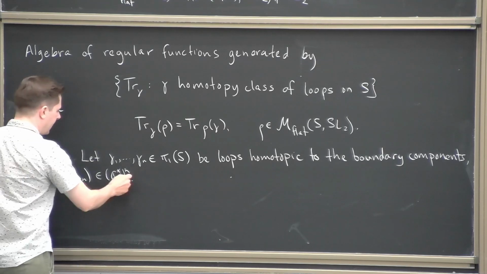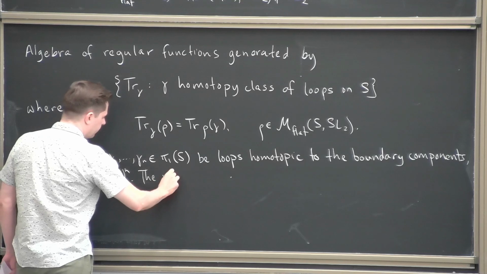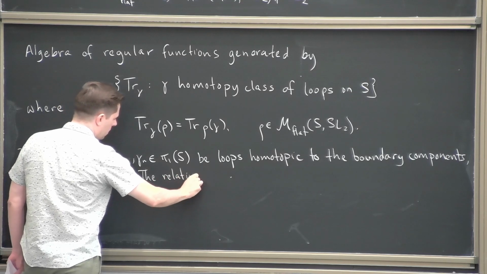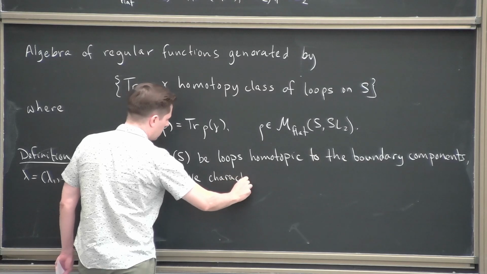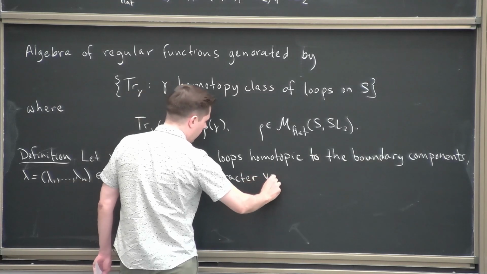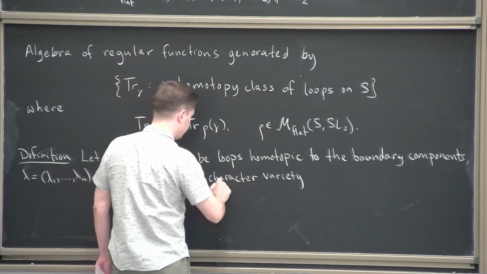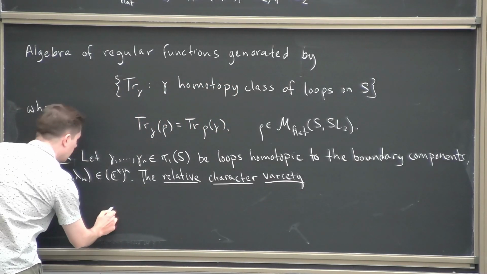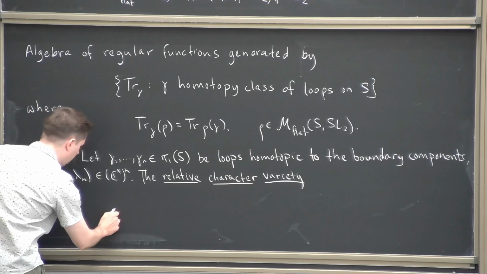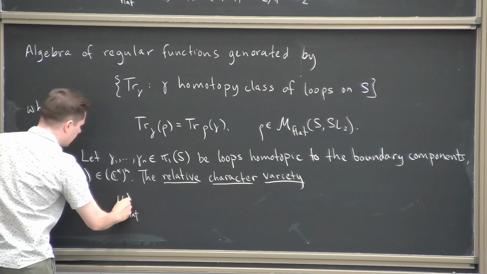And then given these things, we define the relative character variety as follows. It will be denoted like this. So similar to what I had before, I'll write M flat, but now with a lambda.